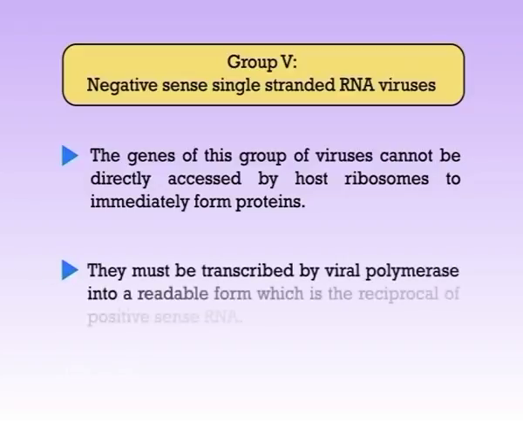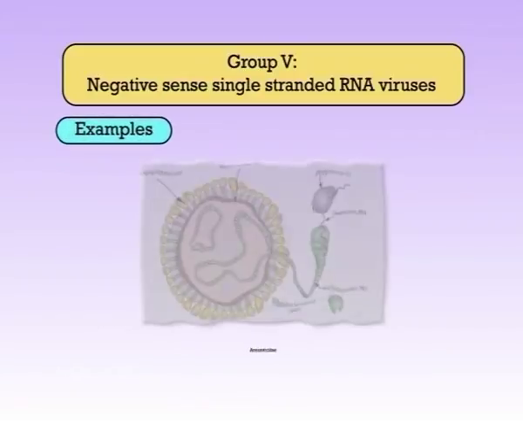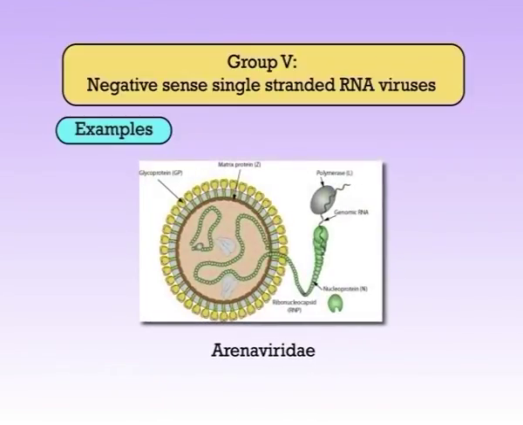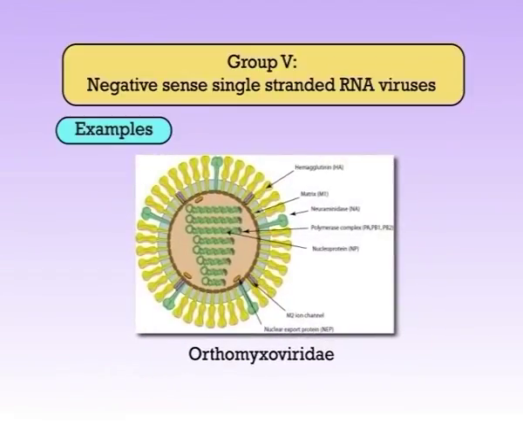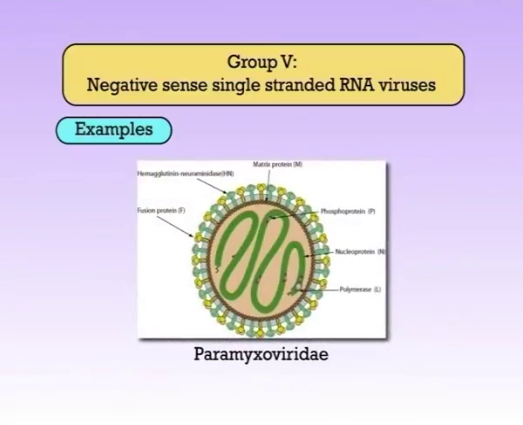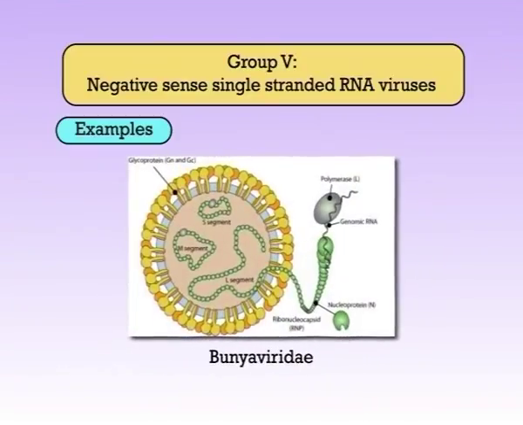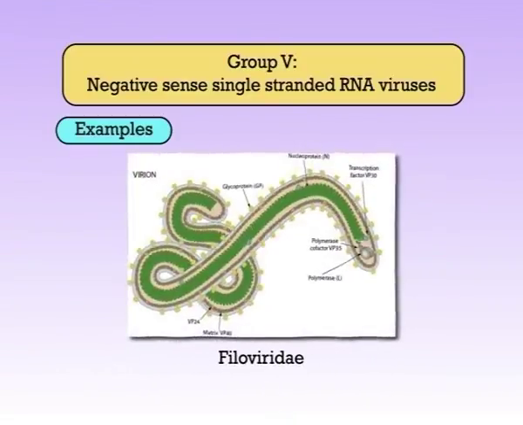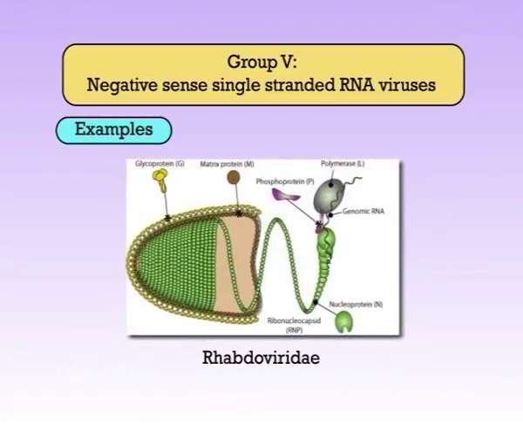So, they must be transcribed by viral polymerase into a readable form, which is the reciprocal of negative-sense RNA. Arenaviridae, Orthomyxoviridae, Paramyxoviridae, Bunyaviridae, Filoviridae, and Rhabdoviridae are the families that come under this group.